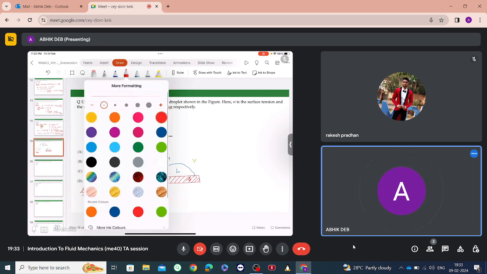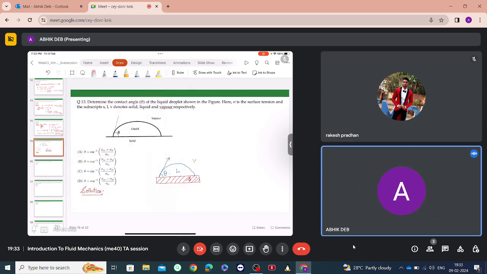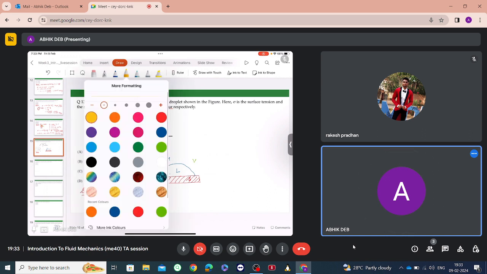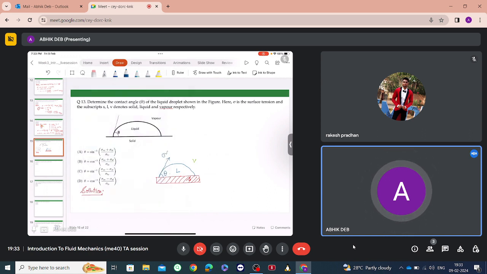This is the surface tension force between liquid and vapor. Then from this surface there will be surface tension between the vapor and the solid, and in between the two, at this interface, there will be another surface tension, that is sigma between the liquid and the solid.